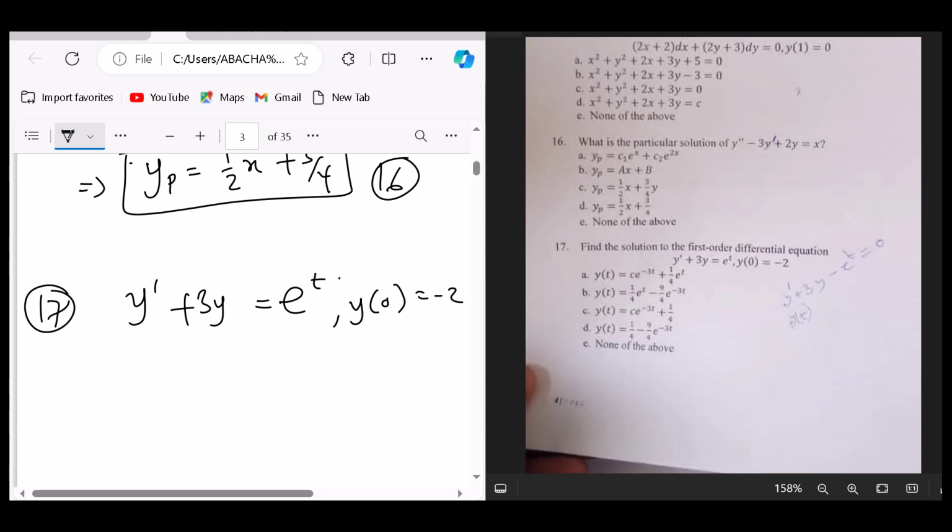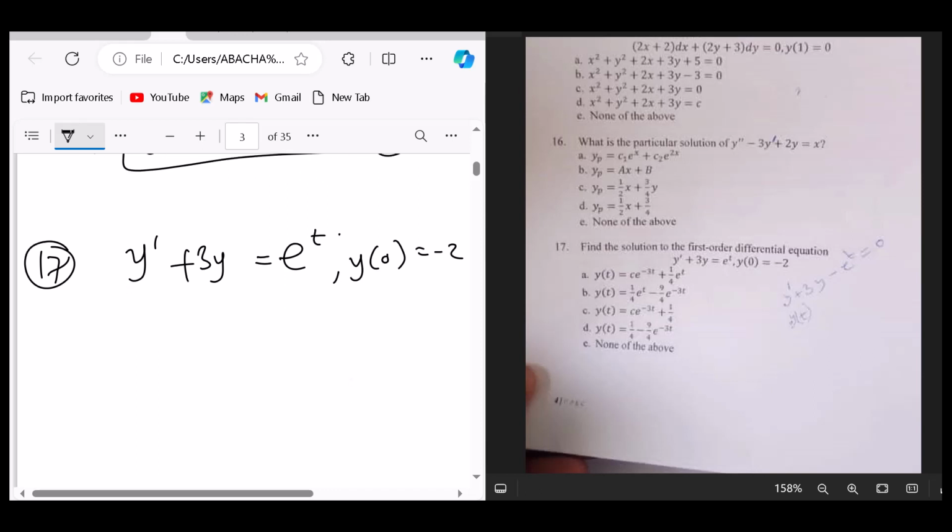This is a first order differential equation which you can solve using the integrating factor approach. So my integrating factor will depend on t. So mu of t equals e power the integral of my p of t, which is 3 dt, and this is just e power 3t. So my integrating factor is e power 3t.